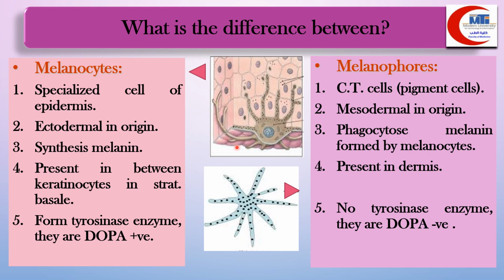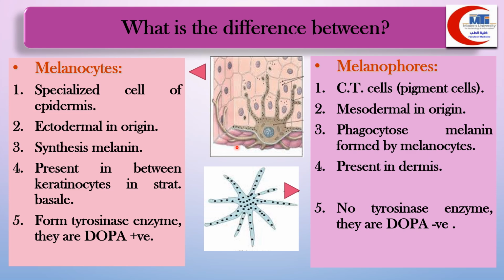They are attached to the underlying basement membrane by hemidesmosomes, and these cells form the tyrosinase enzyme. So these cells are DOPA positive cells, as through the tyrosinase enzyme they are able to convert tyrosine to DOPA, then melanin. So the presence of DOPA in these cells makes them have a positive DOPA reaction.